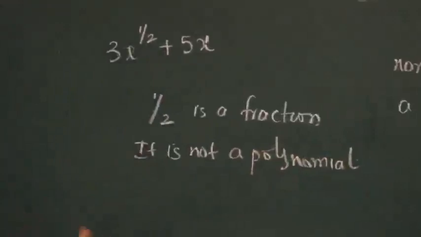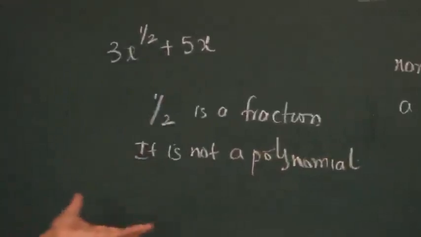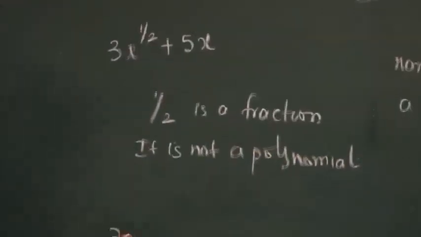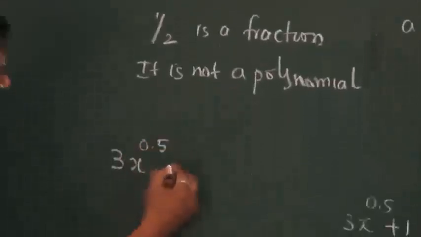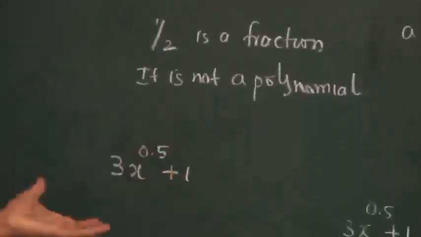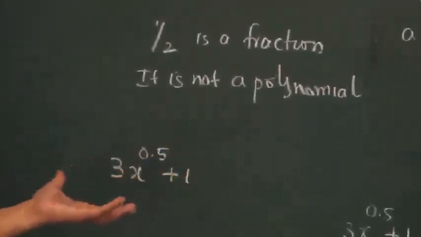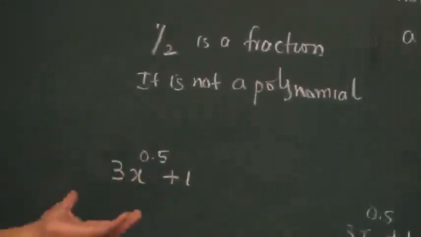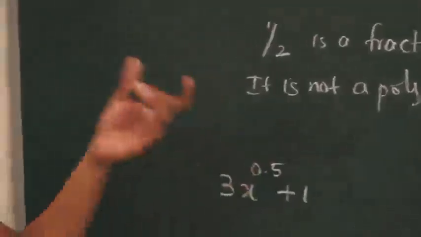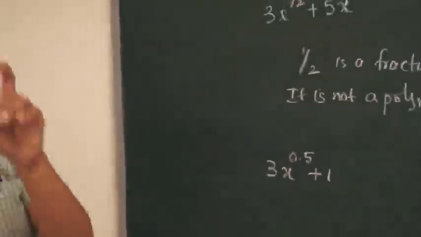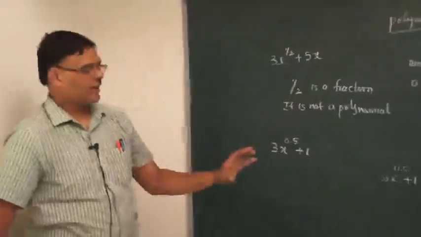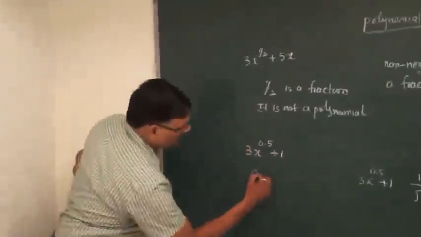And the second expression is 3x to the power of 0.5 plus 1. Is the given expression a polynomial? Let us check that. What is the power of x here? The power of x is 0.5.